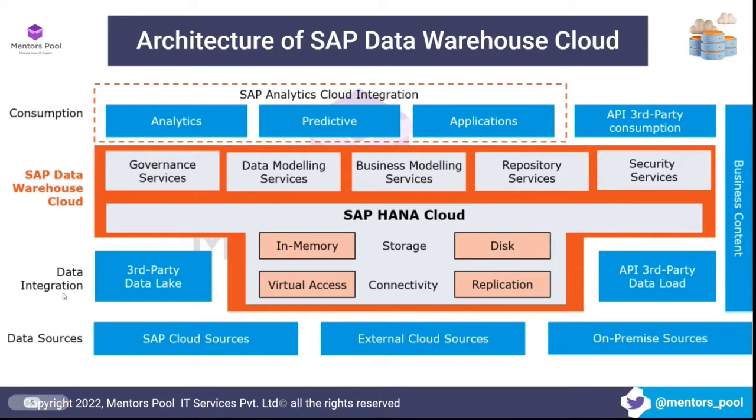So in the data integration layer, we have 4 main components. So one is in-memory storage. If you know about SAP HANA, it is an in-memory database itself. So the traditional databases have their data and the database application on disk, and then whatever the current tables are, only those are stored in memory.